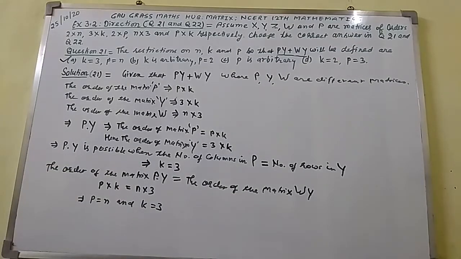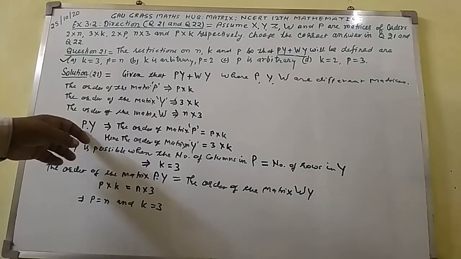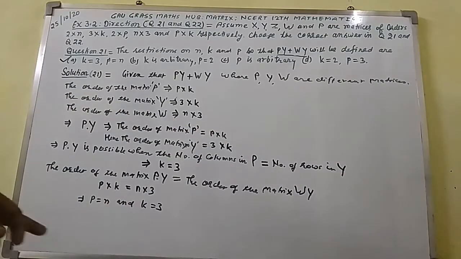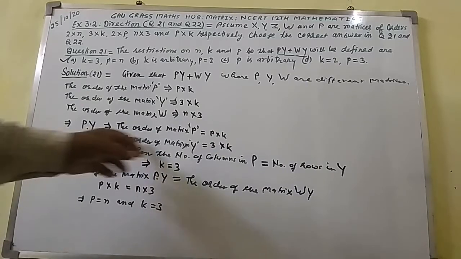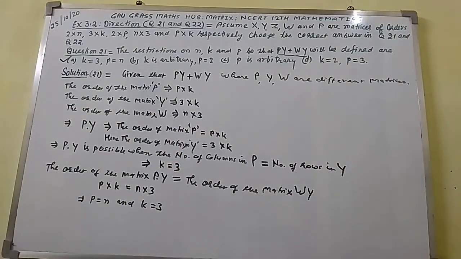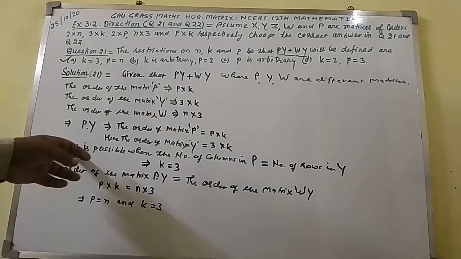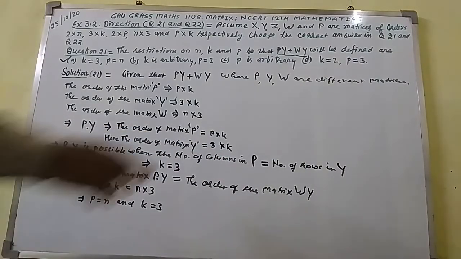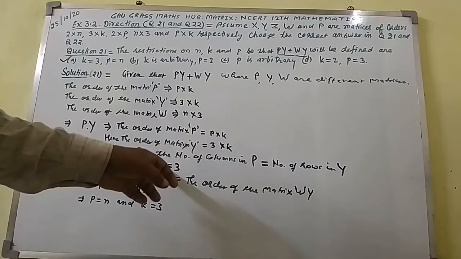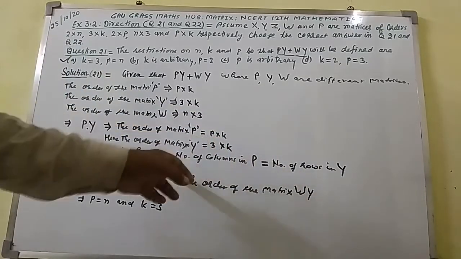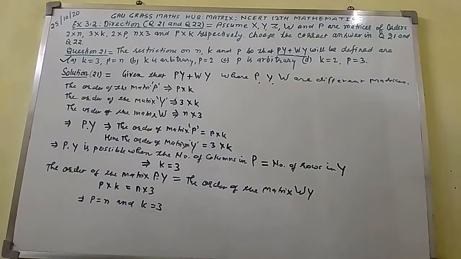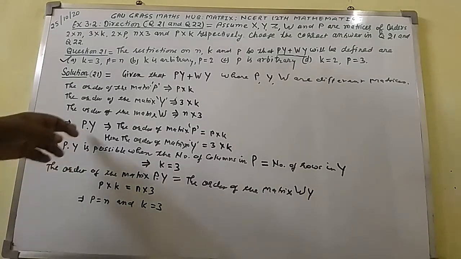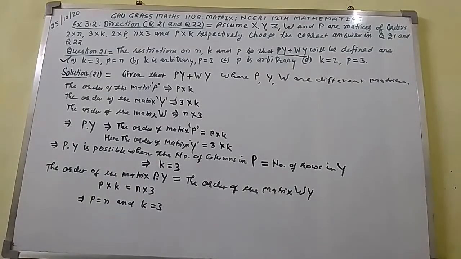Here you can see the order of the matrix P is P into K, the order of matrix Y is 3 into K. Multiplication is possible when the number of columns of P, which is K, equals the number of rows of Y, which is 3. K equal to 3, multiplication possible.